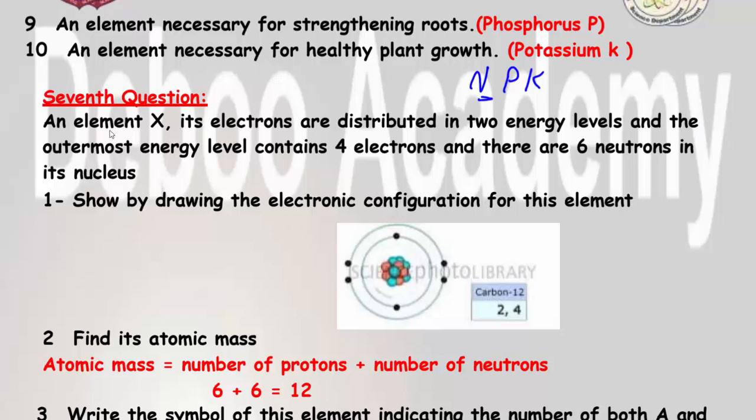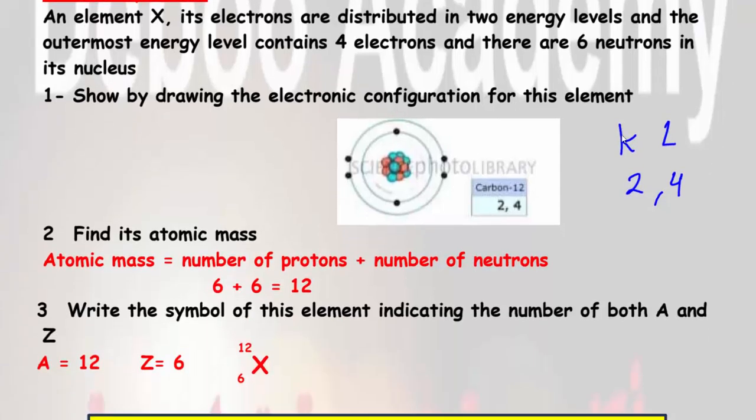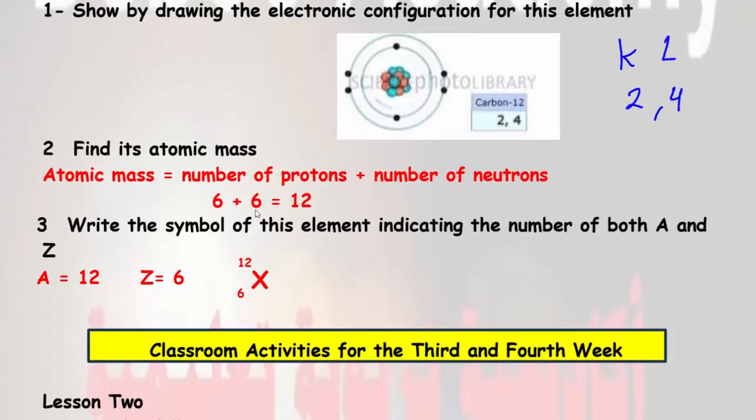Seventh question. An element X has its electrons distributed into energy levels, and the outermost level contains 4 electrons. So K and L, this is 2 energy levels. The outer is 4, so the distribution will be 2, 4. Here, dear student, atomic mass is the number of protons plus the number of neutrons, 6 plus 6, which is 12.